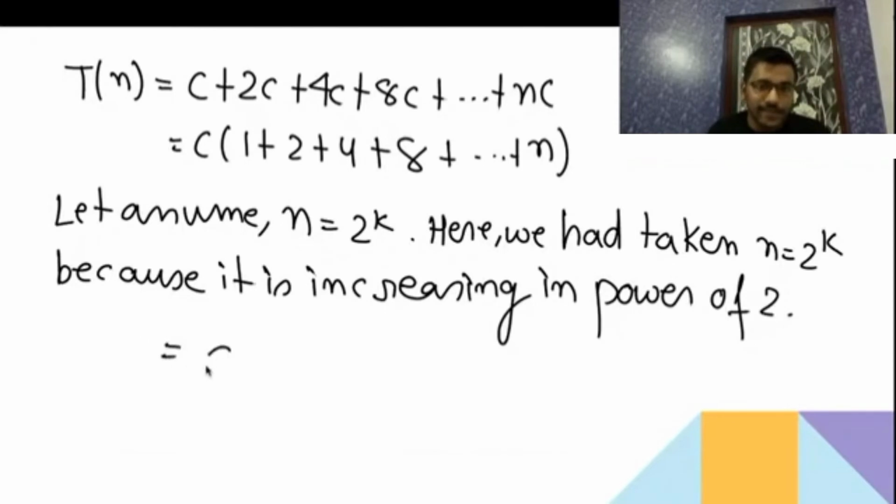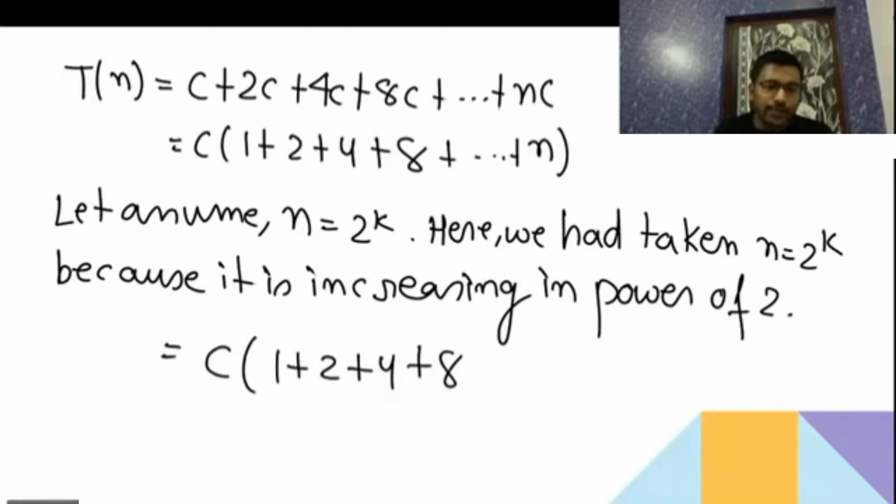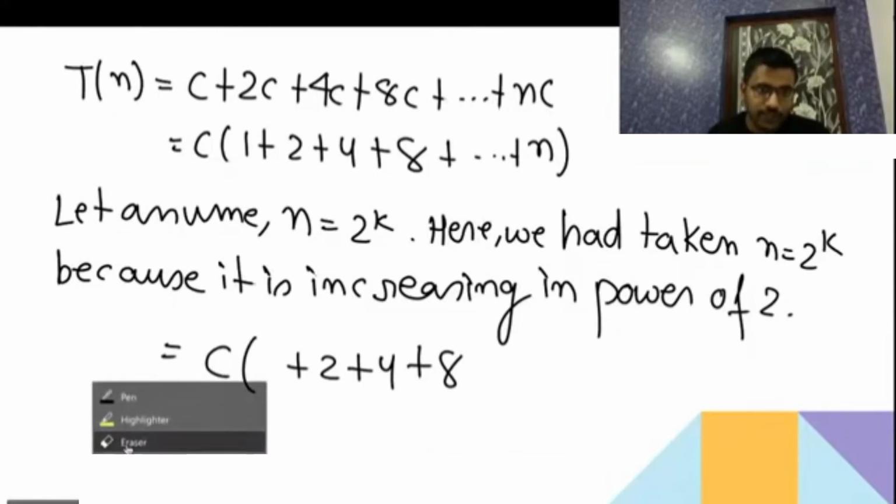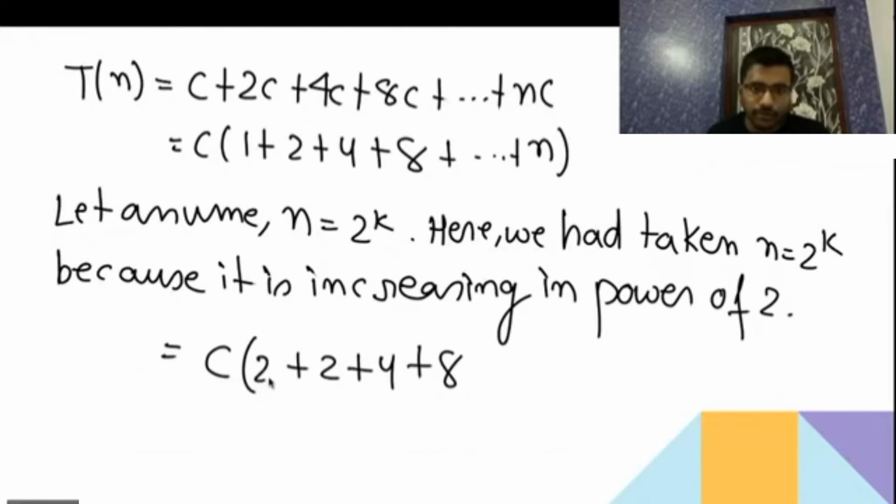So it will be c times 1 plus 2 plus 4 plus 8. So 1 you can write as 2 to the power 0, so that we can see in which way it is increasing. So it will be 2 to the power 0, which is 1, then going till 2 to the power k. So it is increasing in GP: 2 to the 1, then 2 to the 2, then 2 to the 3. So the common difference, that is the common ratio, is 2.